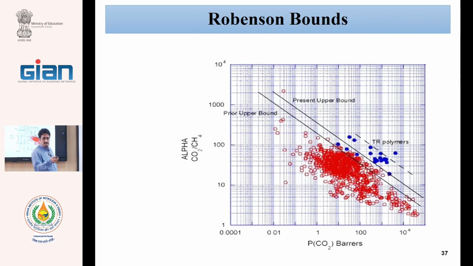If we prepare a membrane and have the selectivity and permeance, and our membrane, based on this selectivity and permeance, is located here, it is not good, it will be rejected, because it says that your membrane should be in the upper part of this bound.